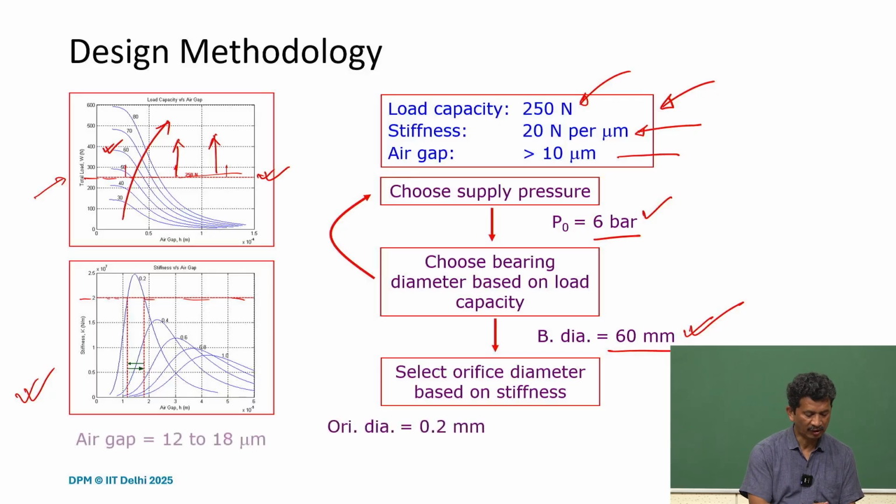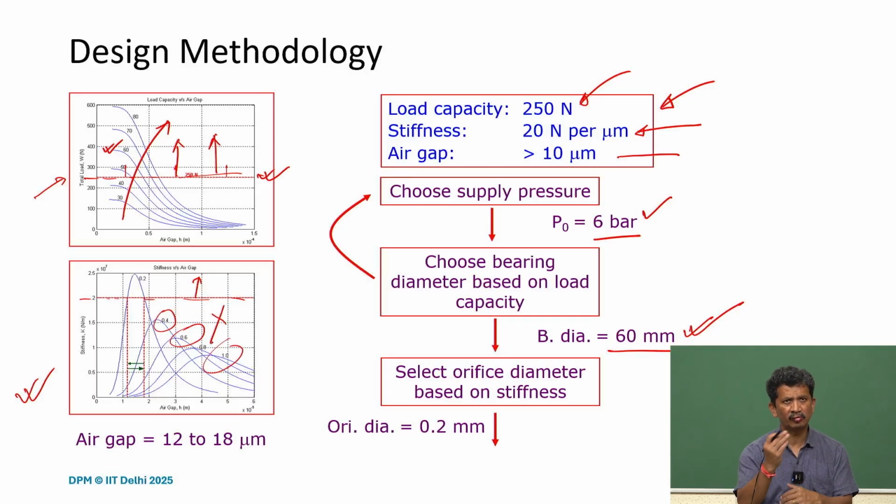So from here we realize that an orifice diameter of 0.46 or even 0.8 may not work, because this is not acceptable. We want a stiffness of more than 20 Newton per micron. So we have to go for this. It means we have to go for an orifice diameter of 0.2 millimeter.